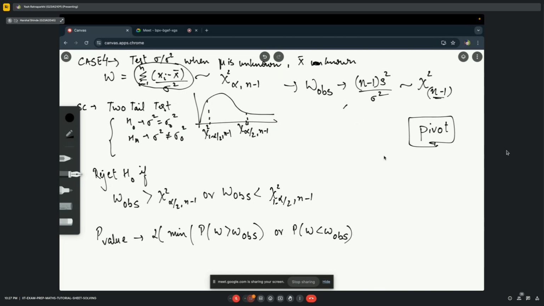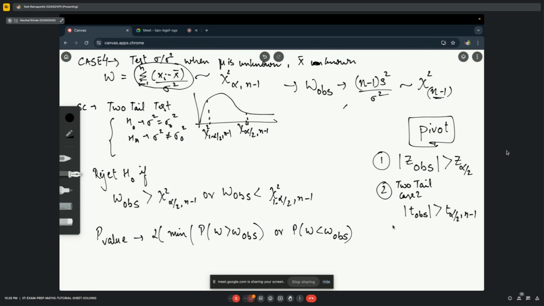Got it? So 4 things I have made clear from yesterday. Point number 1 is my mod of Z observed should be equal to Z of alpha by 2. Second thing I corrected is for the T, it should be for two tail. In the second case, two tail case 2, it will be T observed is greater than T alpha by 2 comma n minus 1.